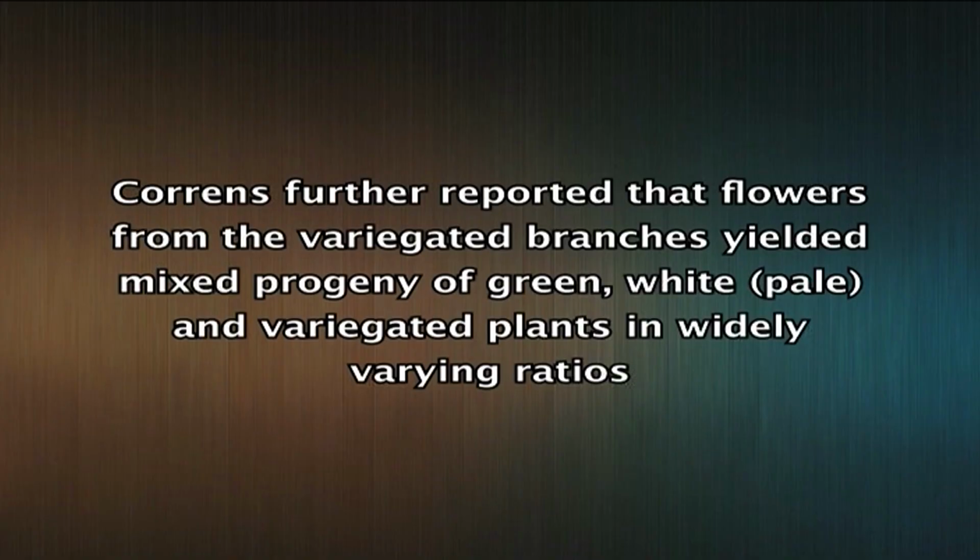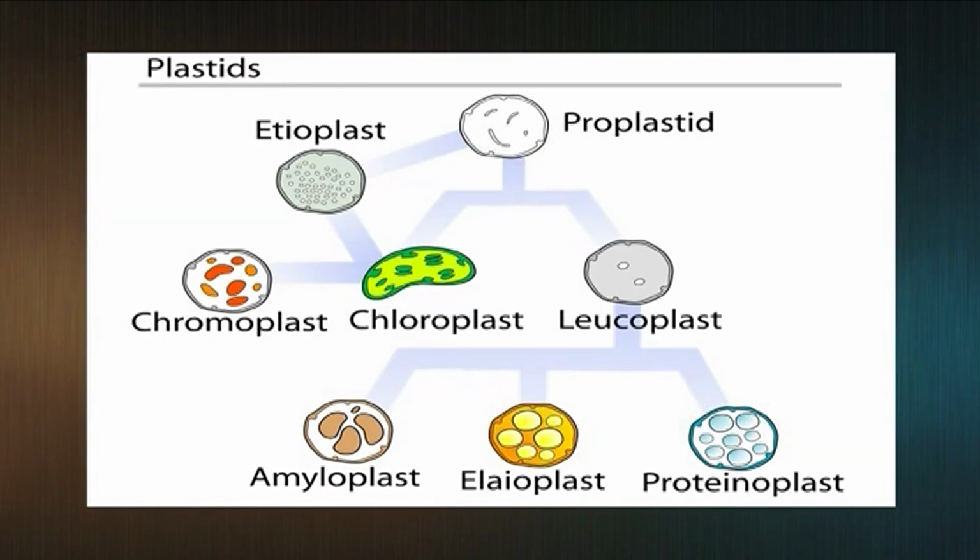Correns further reported that flowers from the variegated branches yielded mixed progeny of green, white, and variegated plants in widely varying ratios. The irregularity of transmission from variegated branches could be understood by considering cytoplasmic genes, that is, the plasma genes of plastids.